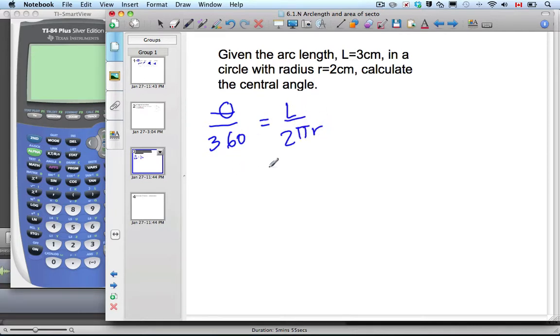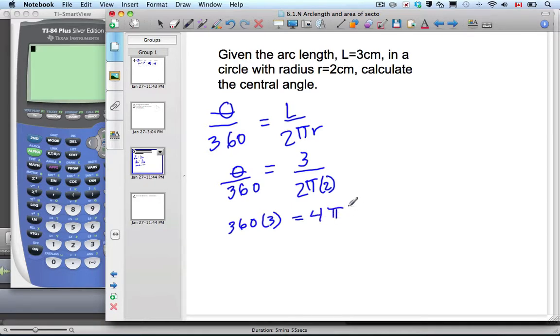I'm looking for the central angle theta. So theta over 360 is going to be 3 over 2 pi times 2. Easy enough. Cross multiply. 360 times 3 is 1080, and that equals 4 pi theta, which is what we're solving for.